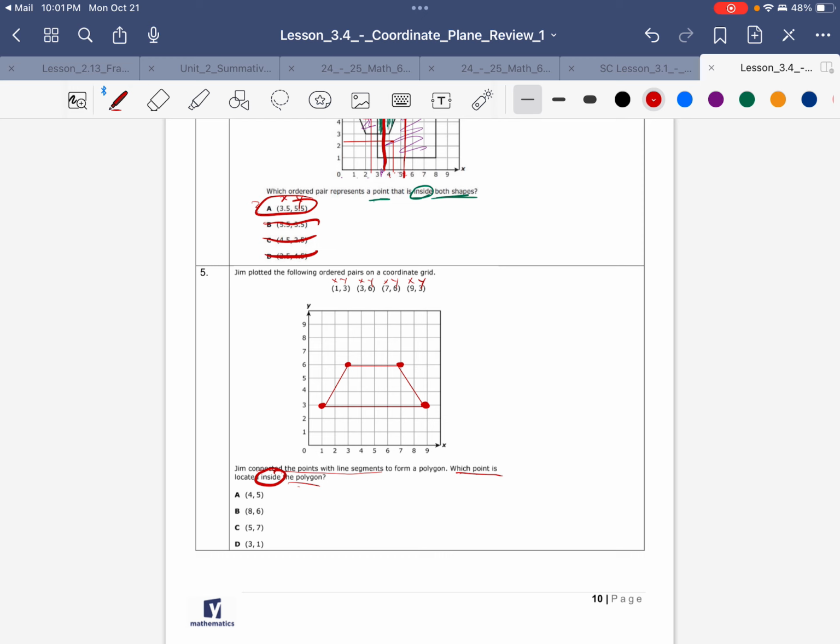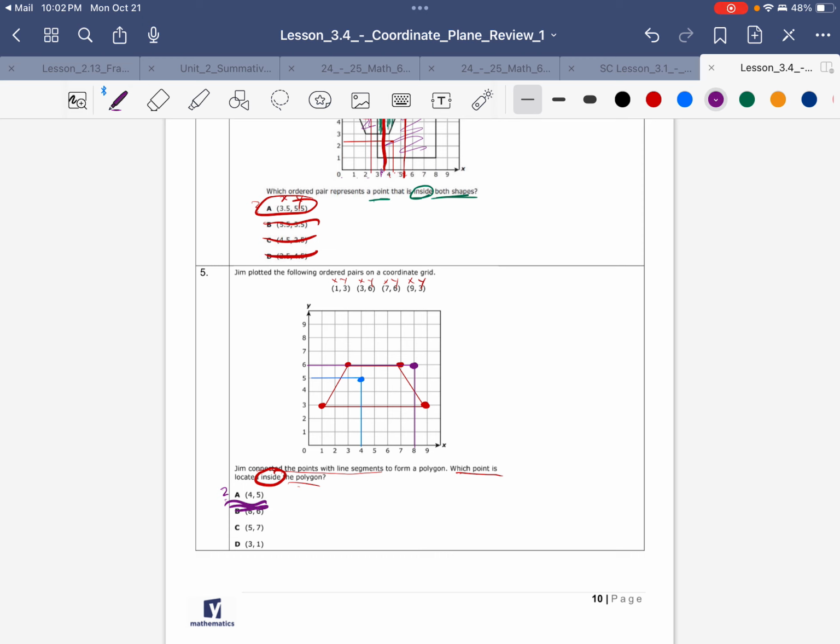So 4, 5. 4 coming up. There's 5 right here. So 4, 5 is here. So that's potential. 8, 6. 8. 6. And it's out here, so that's wrong.